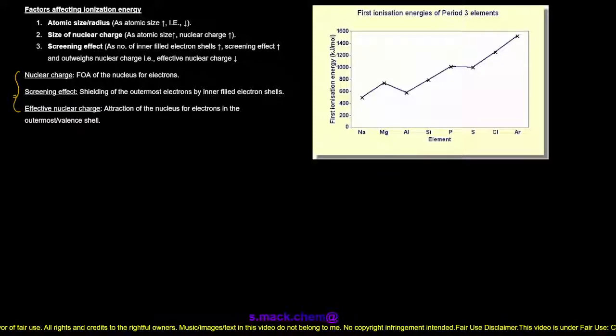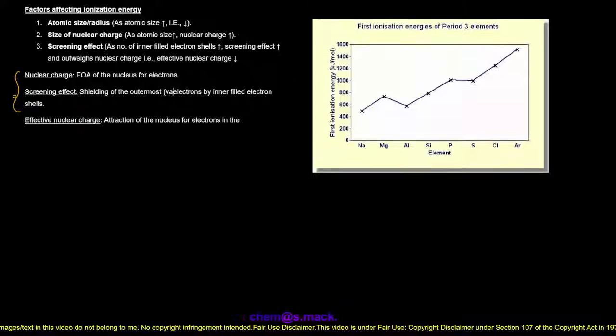Let's look at what screening effect means. In my definition, I've defined screening effect as the shielding of the outermost electrons, and these outermost electrons are what we call valence electrons, by inner filled electron shells.